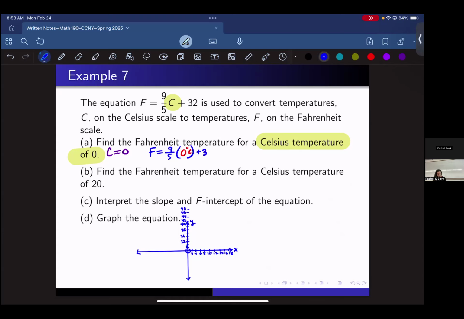You just have to definitely have it at the end, plus 32. And then we solve. Anything times 0 is just 0. So we end up with 0 plus 32, which means when our Celsius is 0 degrees Celsius, we have 32 degrees Fahrenheit. And we're done.